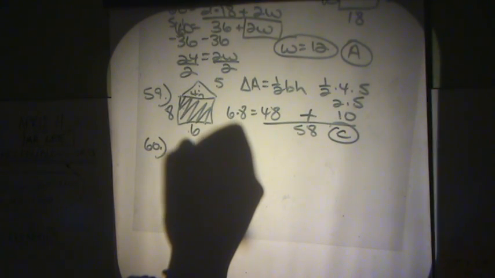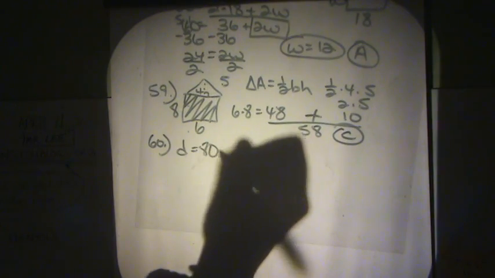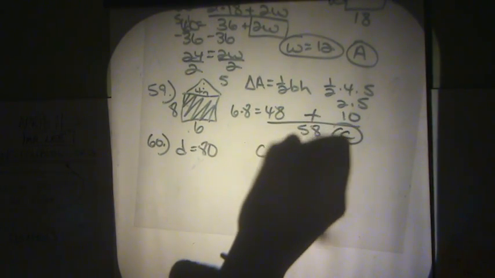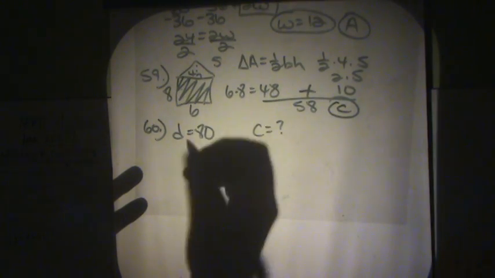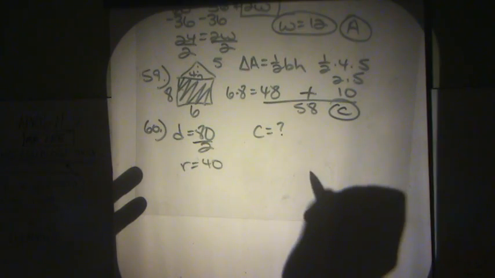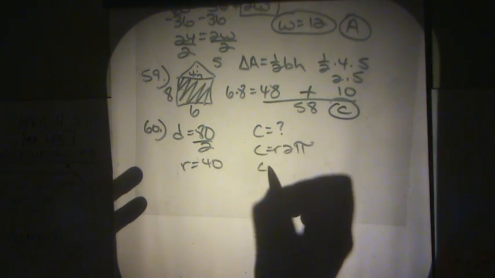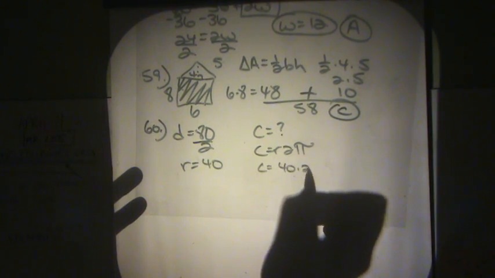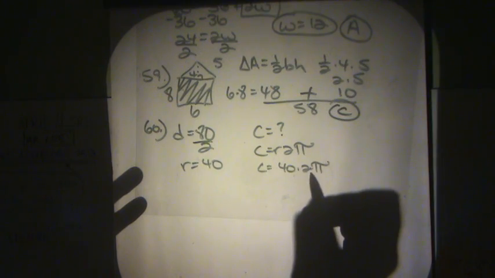The diameter of the dome is 80. Careful, it says diameter. And we want to find the circumference. So diameter, remember, is double the radius. We have to divide this by 2 in order to use it. So circumference is C equals 2 pi r. So it's going to be 40 times 2. And does it say approximate? It does. We're going to just use 3.